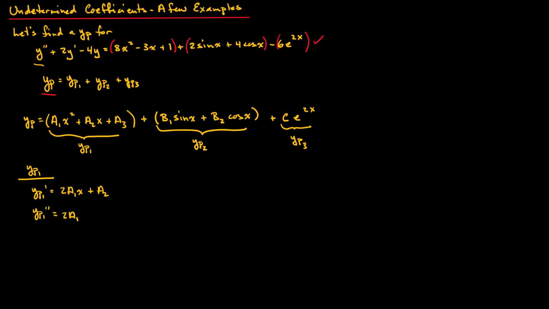So we're going to substitute yp1, yp1 prime, and yp1 double prime into our ODE over here, and find our coefficients a1, a2, and a3. So we substitute into the ODE. And what do we have?